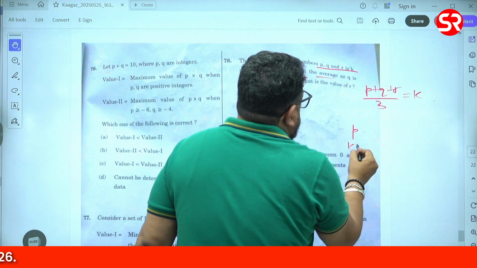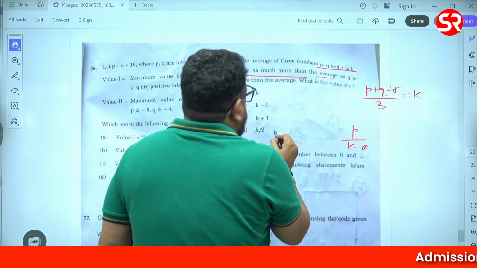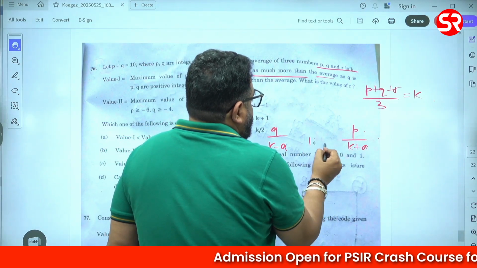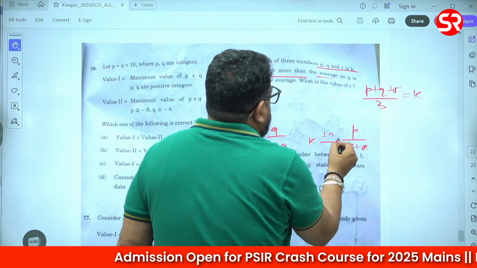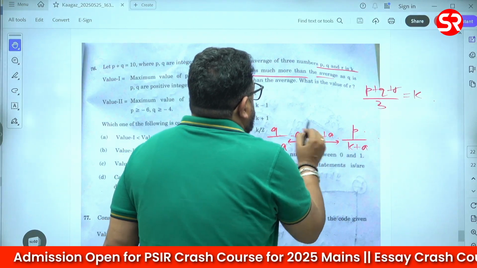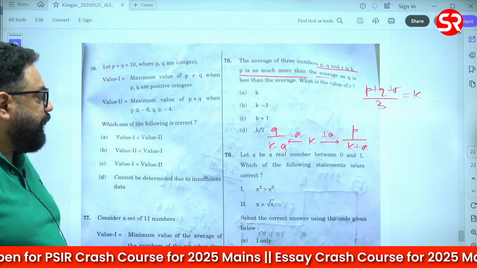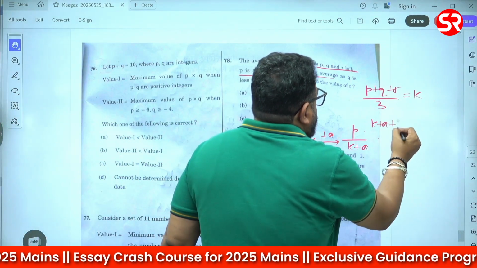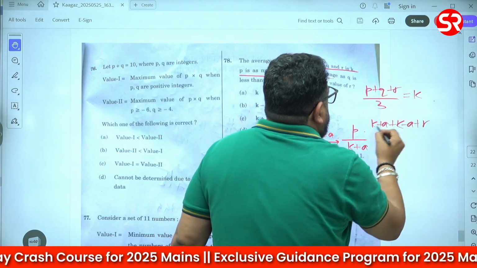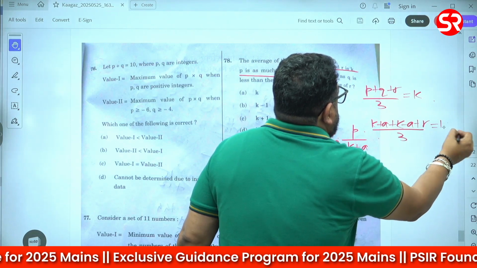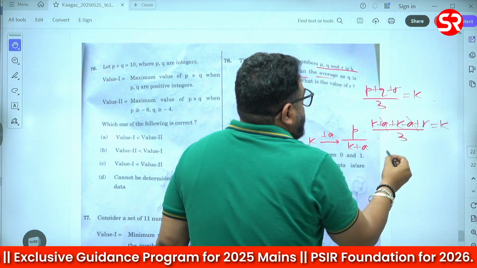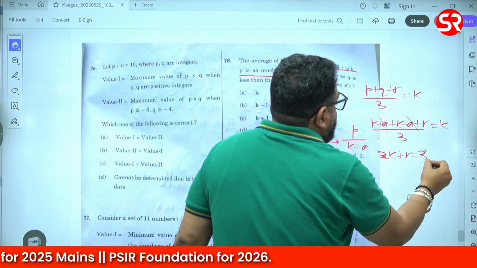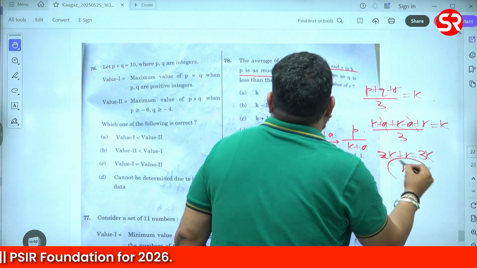So P is equal to K plus A, and Q is equal to K minus A. So from average, P is A positive, and from average, Q is A negative. All right. So we know the values of P and Q: K plus A plus K minus A plus R upon 3 equal to K. So this A and A cancel, right? 2K plus R is equal. Yes.